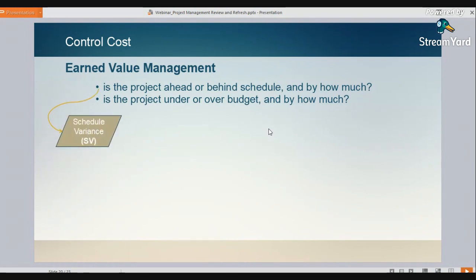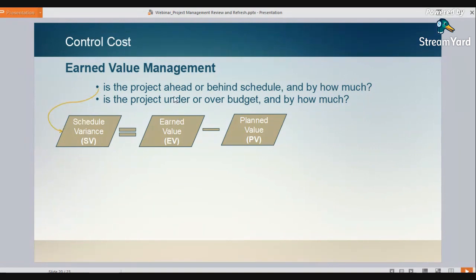So let's look at schedule first. Let's look at our schedule variance, comparing what we said we're going to do versus what we actually did as of a particular date and time. The formula says we want to take our earned value minus our planned value, EV minus PV.